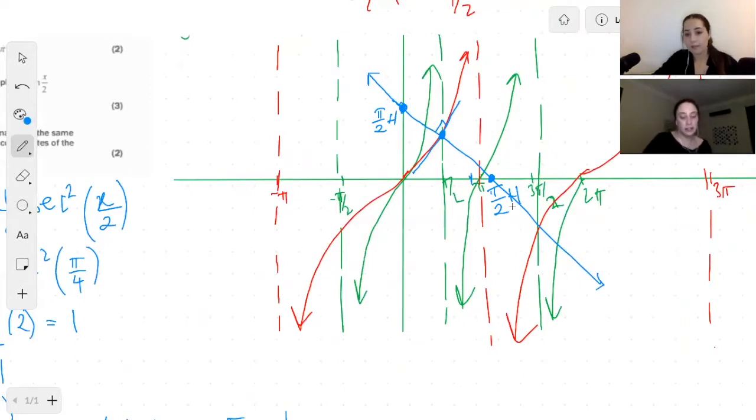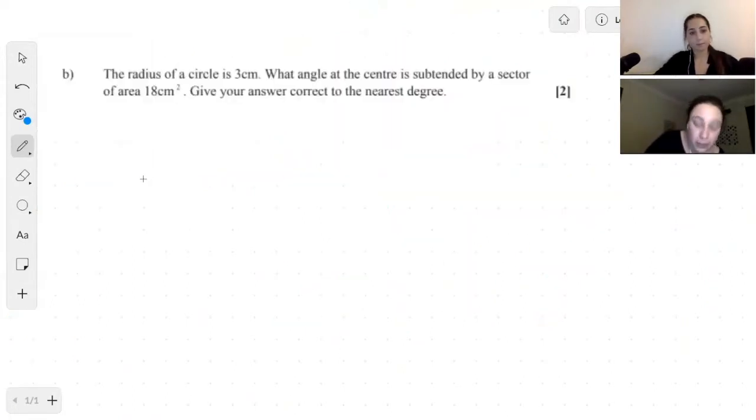The radius of a circle is 3. What angle at the center, if the sector area is 18 centimeters squared? Area of a sector, A equals 1/2 r squared theta.